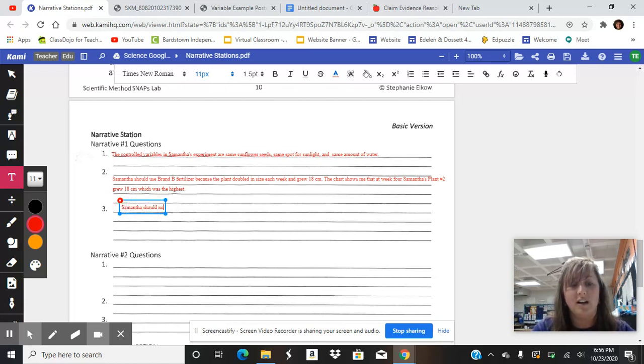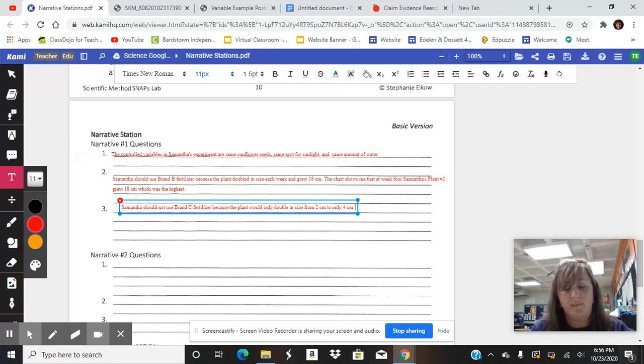Samantha should not use brand C fertilizer because the plant would only double in size from 2 centimeters to only 4 centimeters.